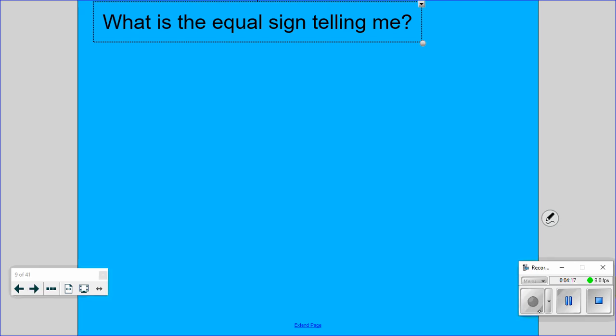When I read an equation with an equal sign, what is that equal sign telling me? You've seen equations with equal signs lots of times. What does that equal sign mean?